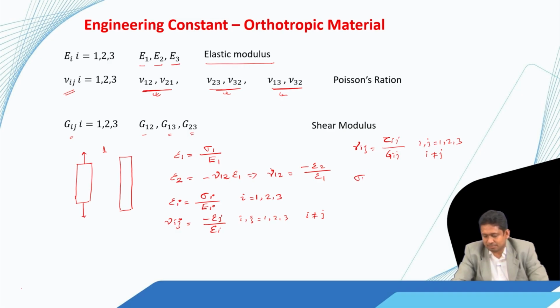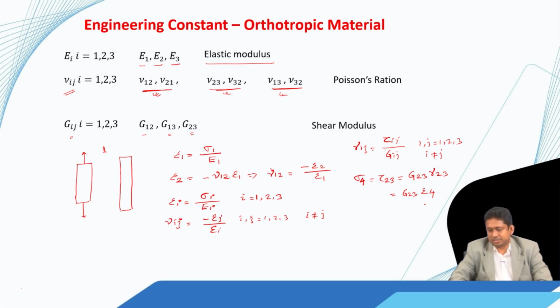So sigma 4, which is nothing but tau 23, can be written as G23 multiplied by gamma 23, or G23 multiplied by epsilon 4 as per our notation. So G23 is sigma 4 divided by epsilon 4 and so on.